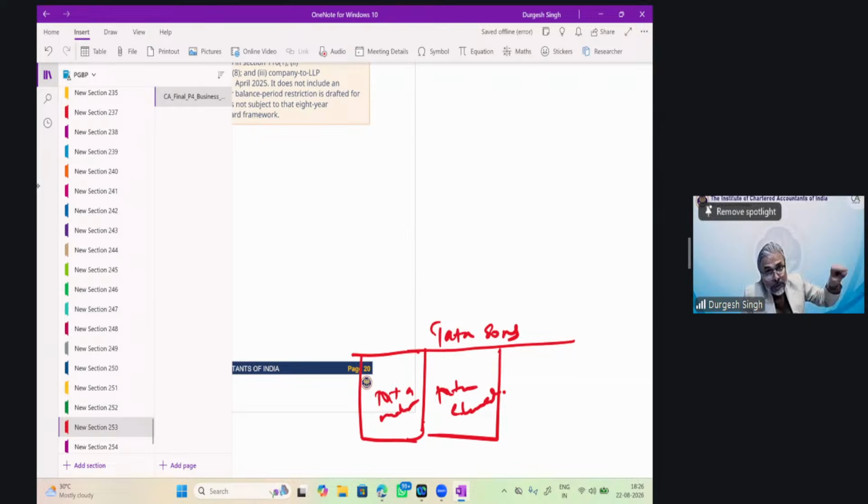Because then their growth will get hampered. They require 100% time and attention, whereas because of the common management and common control, the time and attention that it deserves is not being given to them. That is the reason why the company then chooses to do what? They try to spin off. Spin off means removing that undertaking from the flagship company and making it an independent unit or independent company.